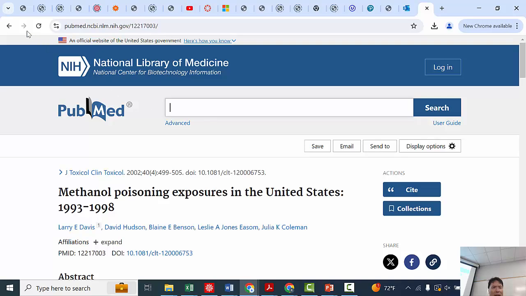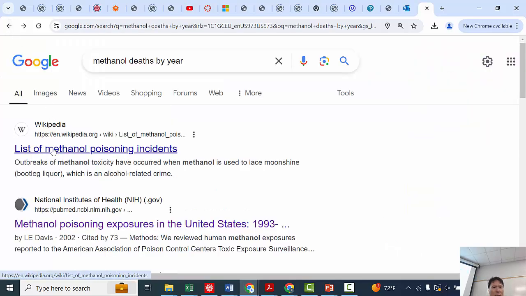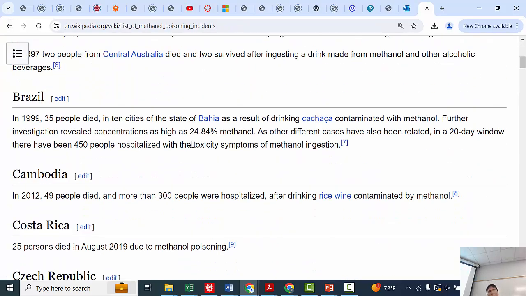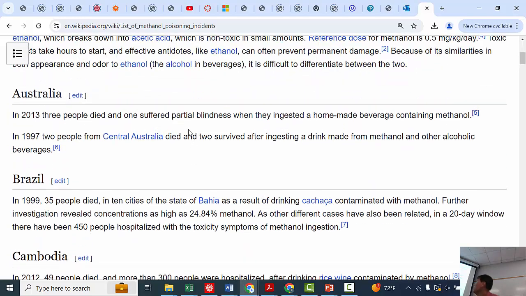Oh, this is 1993 to 1998. I think Wikipedia is more current. So let's see. In Australia, 2013, 3 people died and suffered partial blindness from homemade alcoholic beverages containing methanol. 2 people in Central Australia. Brazil, 35 people died. 450 people hospitalized.